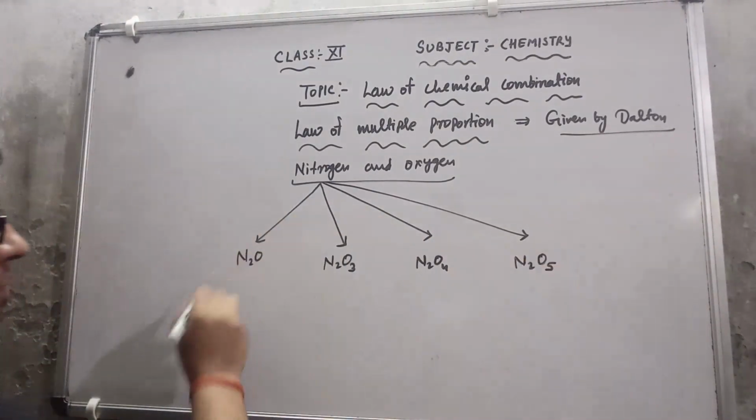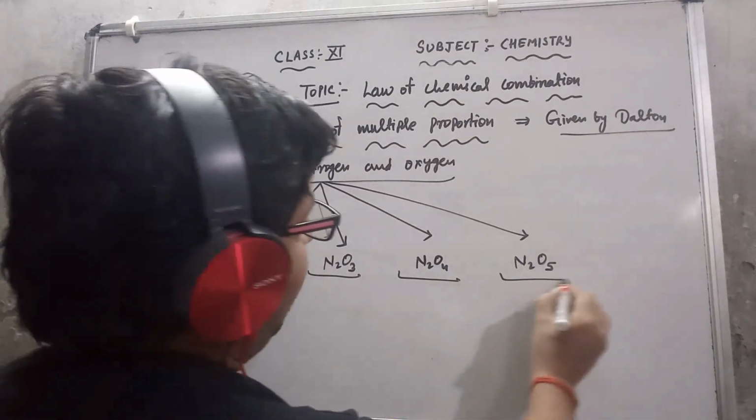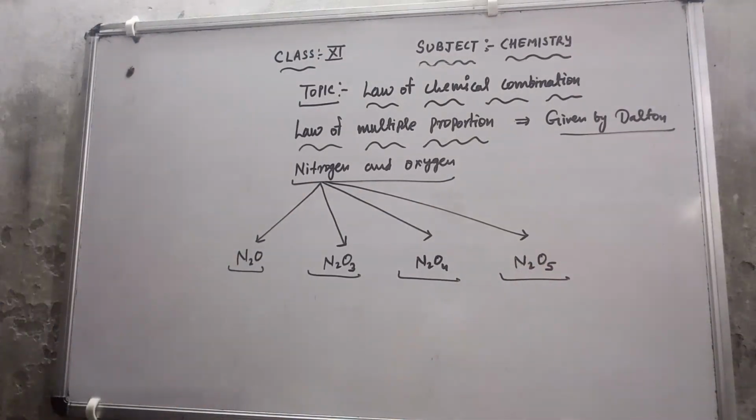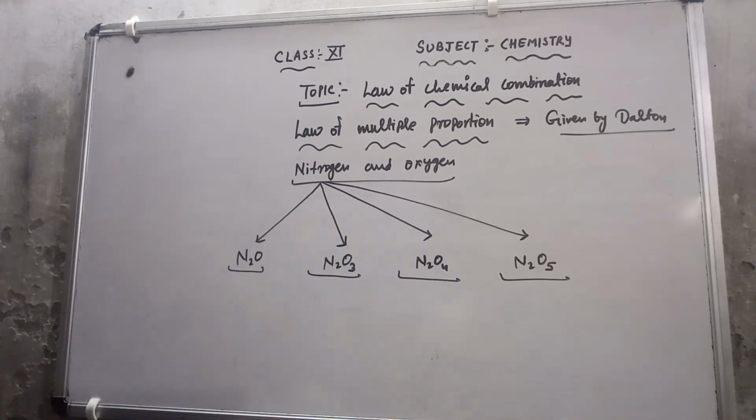So here you can see, we get four compounds when nitrogen and oxygen are combined: N2O, N2O3, N2O4, N2O5. In this you can check that one element is there whose mass is fixed.